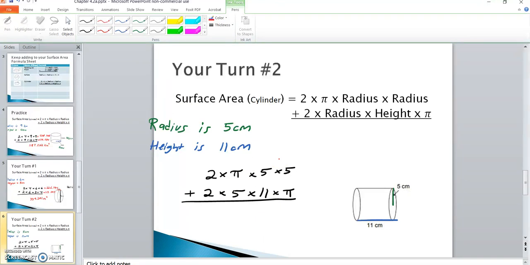And your very first line, when you multiply all of those up, you should get 157.079.